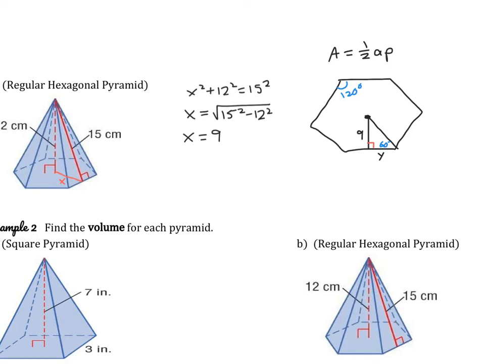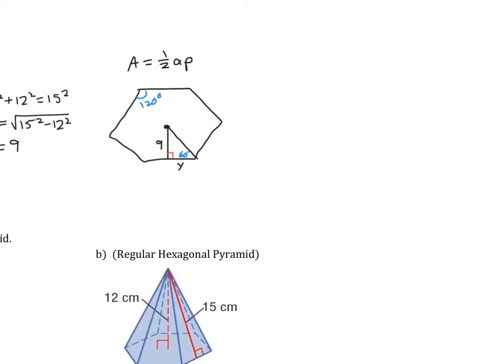And we can find that using a tangent ratio, because if we have this angle, we have the opposite and the adjacent side. So we can say tangent of 60 degrees equals opposite over adjacent. So I'm going to multiply both sides by y. y times the tangent of 60 equals 9.